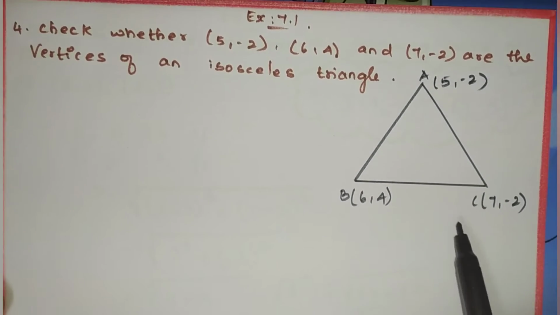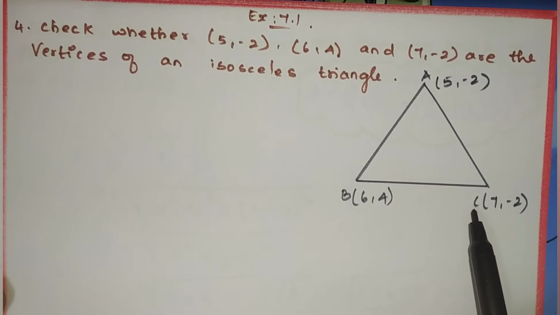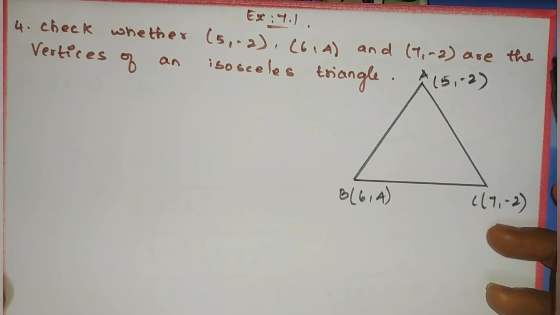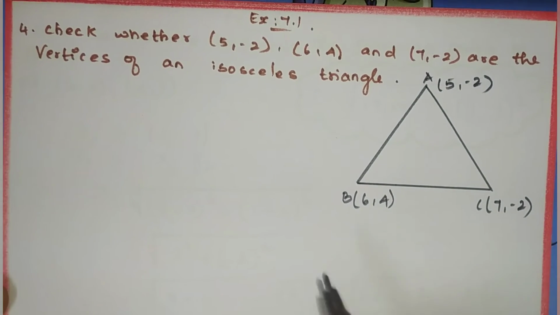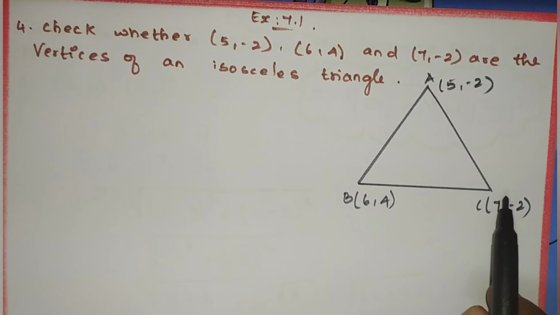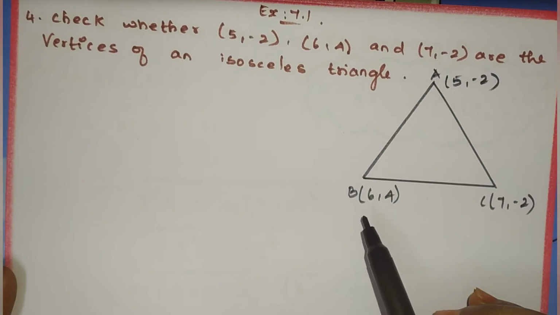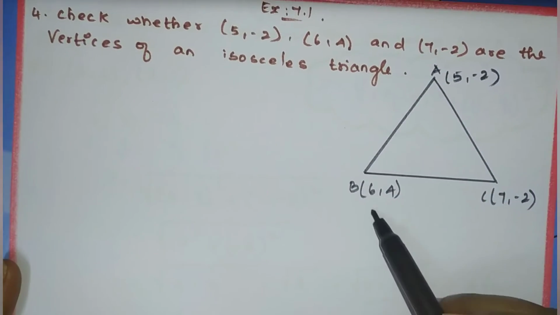How can we tell this is an isosceles triangle? If any two sides are equal, AB and AC, or AB and BC, or AC and BC, then we can tell that this triangle is an isosceles triangle. For that, what do we have to find? We have to find the distances AB, BC and AC.